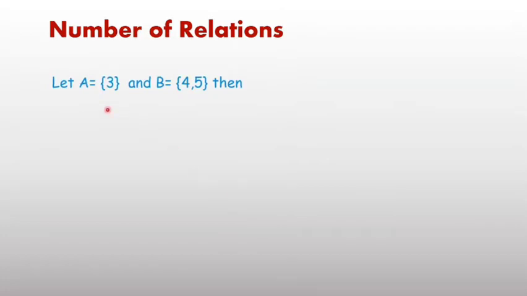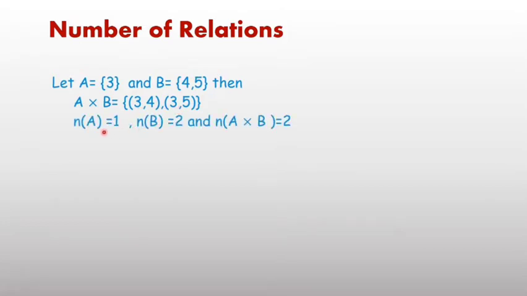For example, if set A is given as {3}, only one element is there. In set B there are 2 elements, 4 and 5. Then A cross B you can write as ordered pairs, which contain the first component from set A and the second component from set B, means (3,4) and (3,5). There are 2 ordered pairs. Here the number of elements in set A is 1, in set B is 2, and in A cross B is 2.